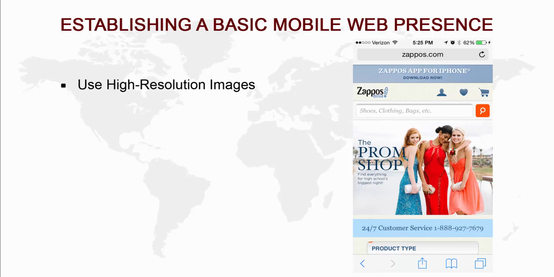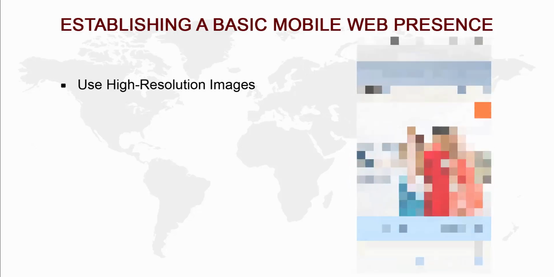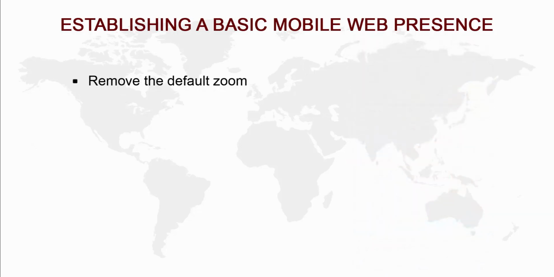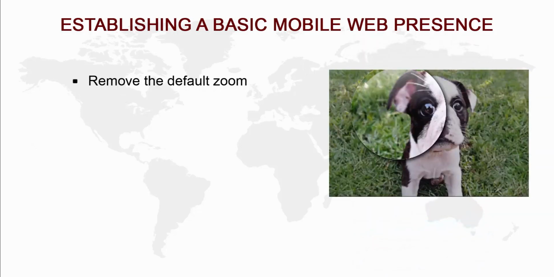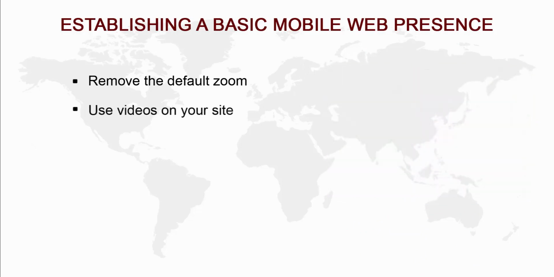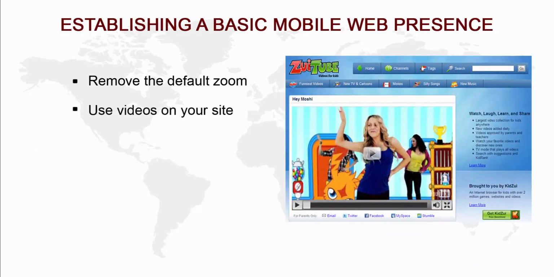There are certain precautions you need to take while you're uploading the images and the video and using them simultaneously. You need to remove the default zoom, the first point. You need to use videos on your site.